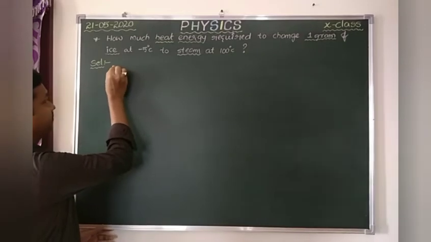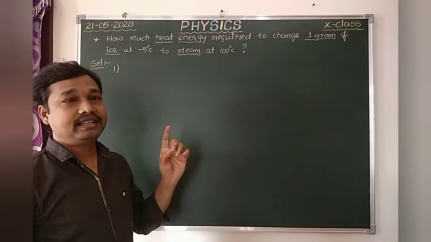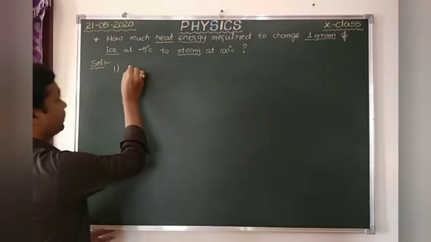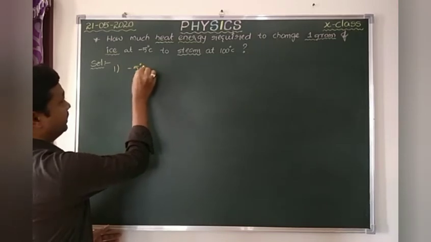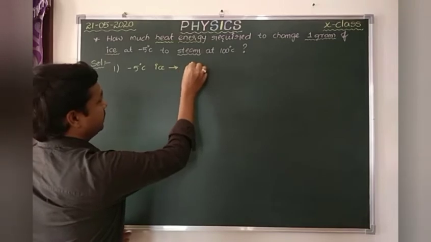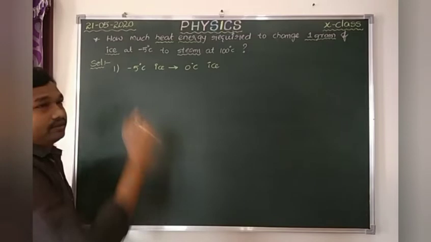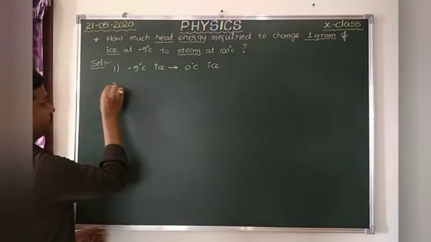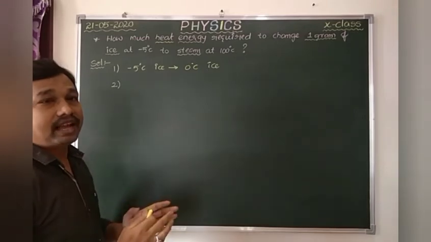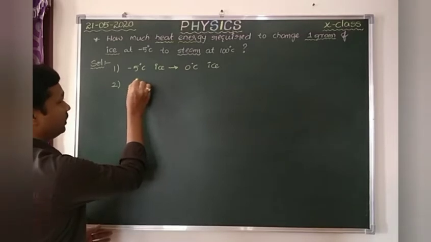You can find here. First point: minus 5 degrees Celsius ice is converted into 0 degrees Celsius ice. Second point: 0 degrees Celsius ice is again converted into 0 degrees Celsius water.